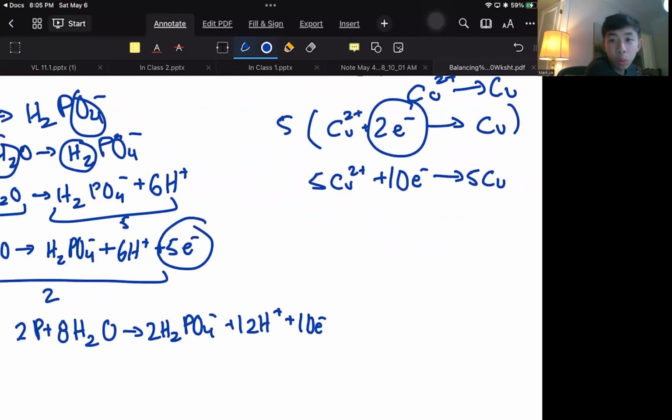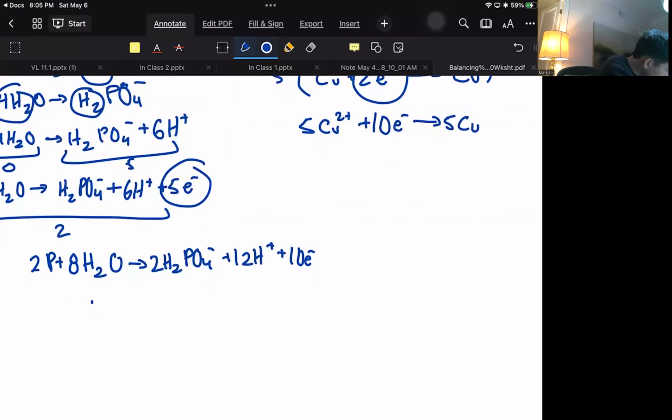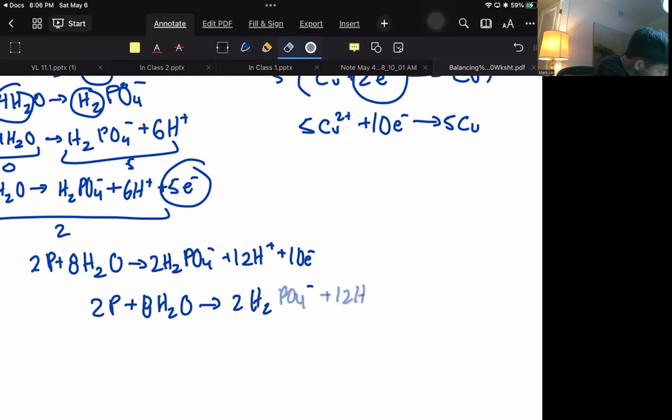Sweet. Now we can just combine them. It's going to be 2P plus 8 H2O. Sorry, I went too fast.